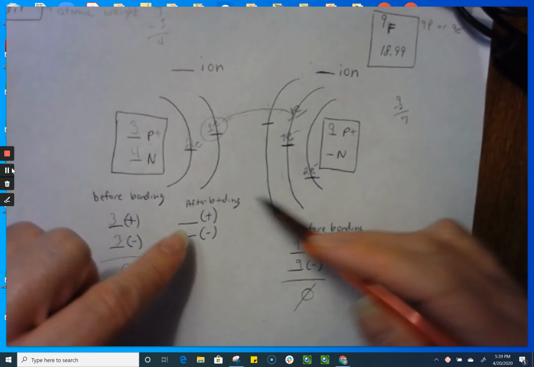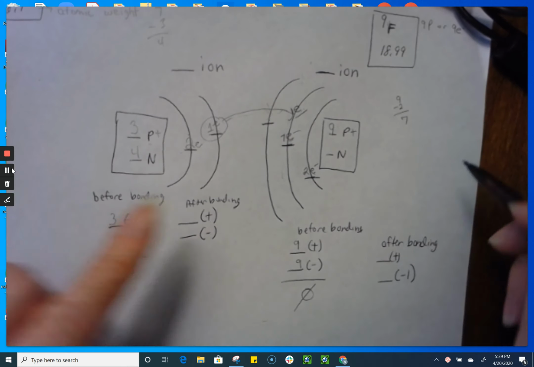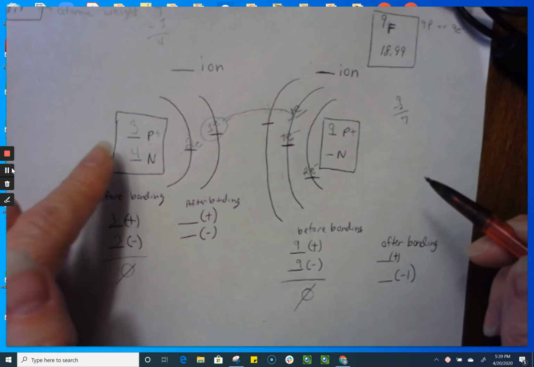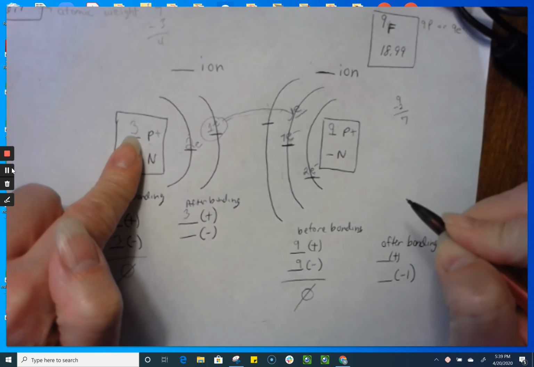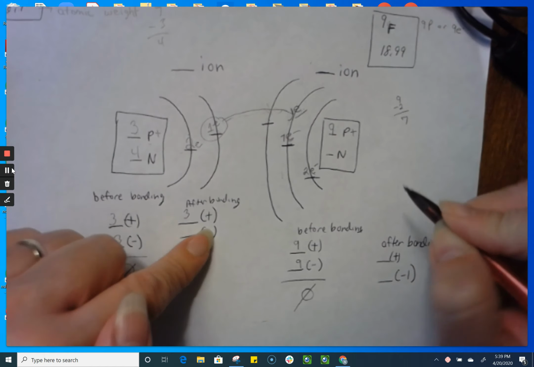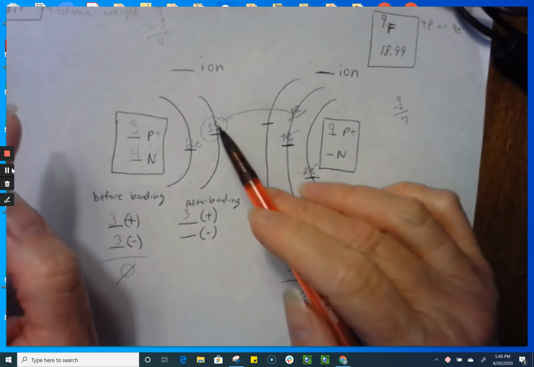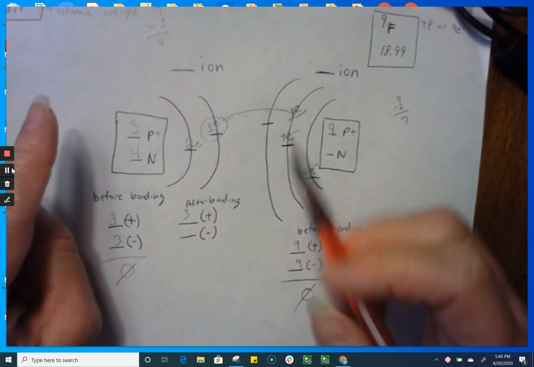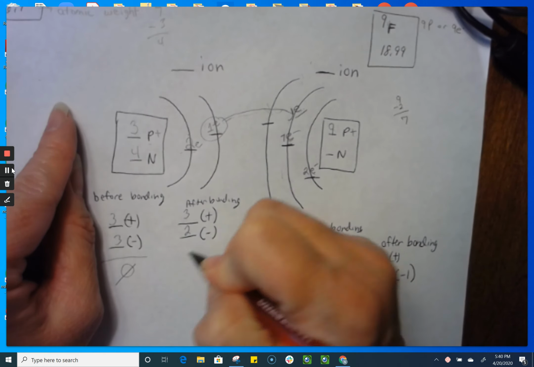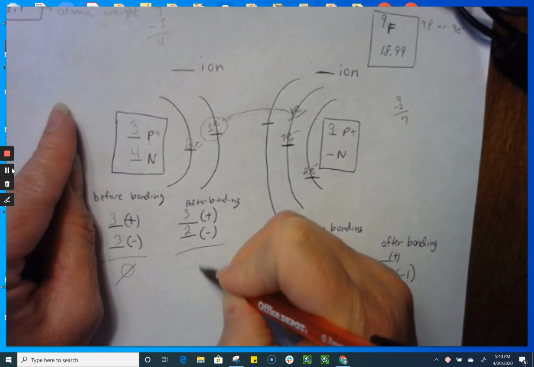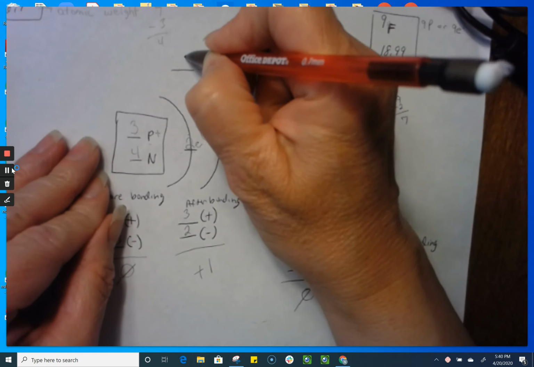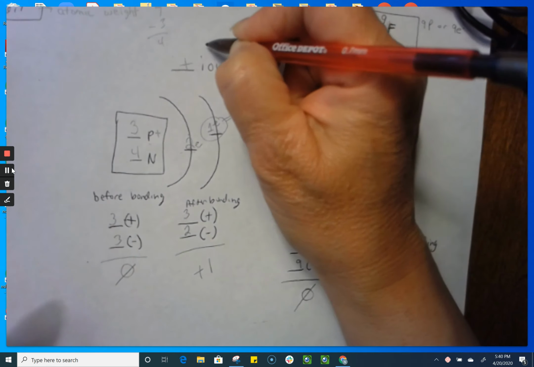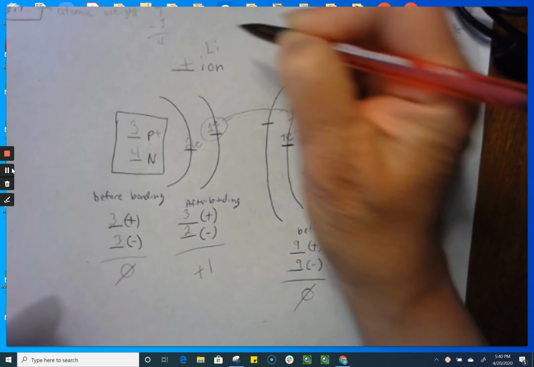Now, let's talk about after bonding, after the transfer of electrons has occurred. The protons stay the same. Lithium still has 3 protons, 3 positive charges. But now, once it's allowed that electron to leave, it only has 2 electrons or 2 negative charges. Now it has an overall charge of +1. It becomes a +1 ion, a +1 lithium ion.